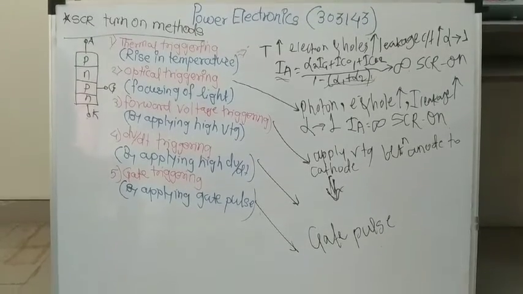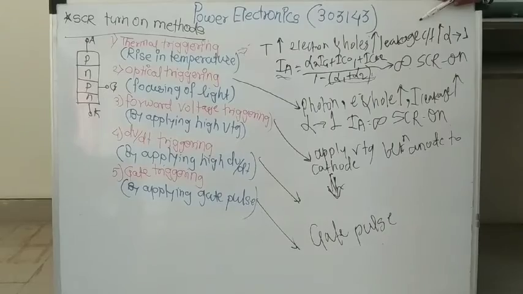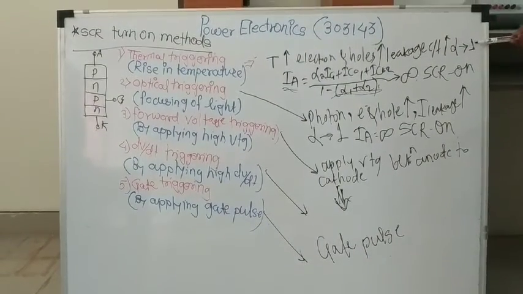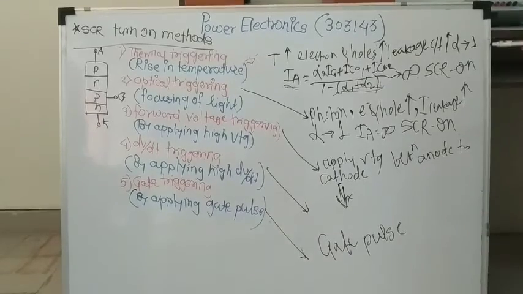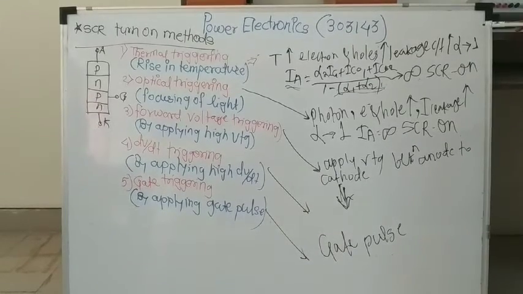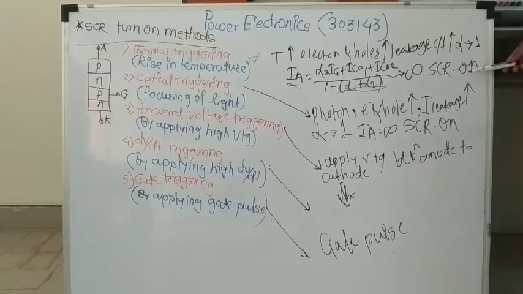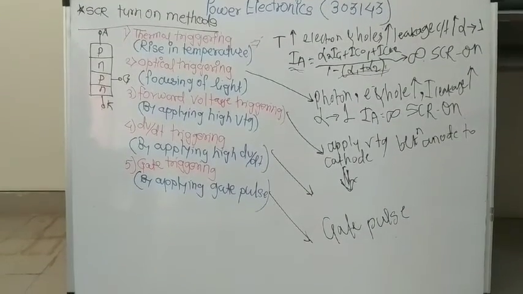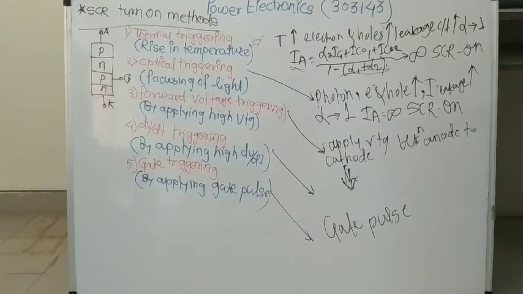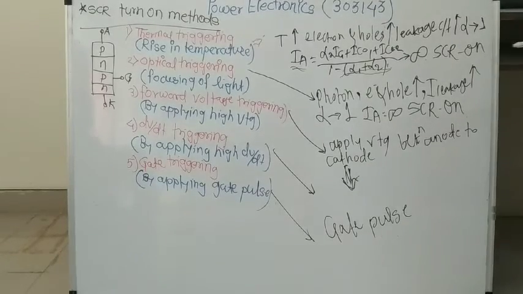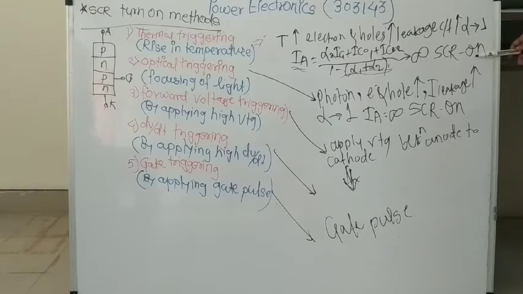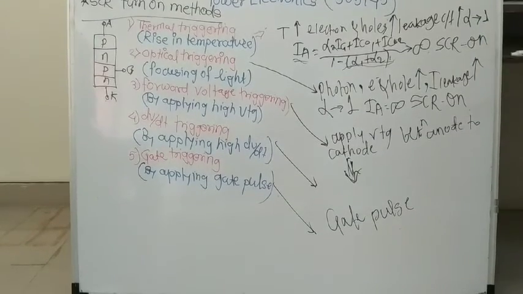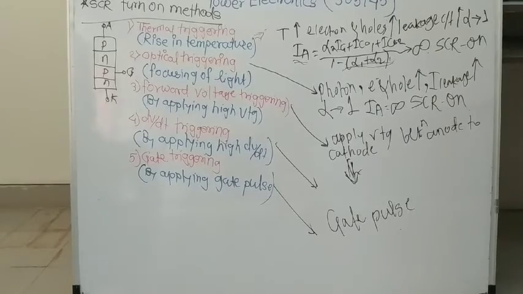Here, when we review, first is temperature: due to rising temperature, your SCR may get damaged, and additionally a heat sink will be required. The second method is optical triggering, focusing light. This method is also not properly used, because when the light intensity is very high it may damage your device. Then forward voltage triggering, where we apply the battery between anode and cathode only.